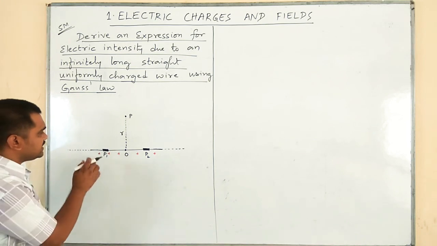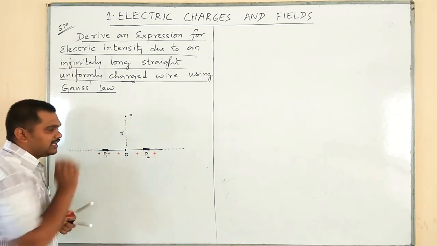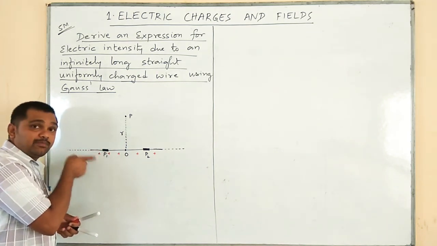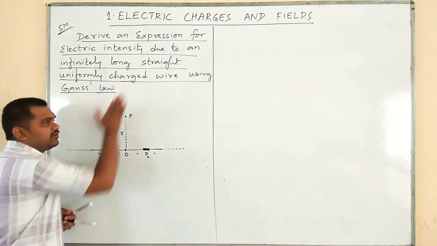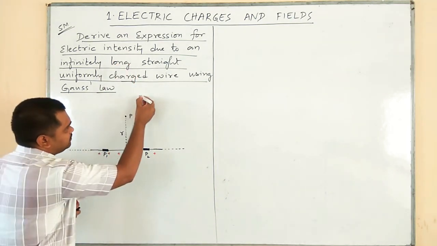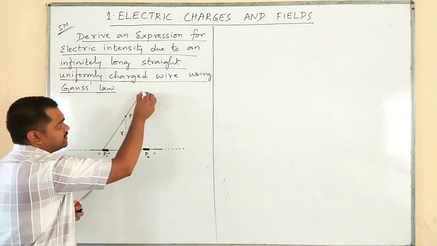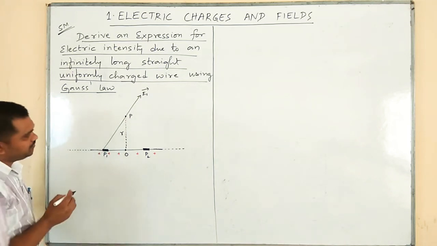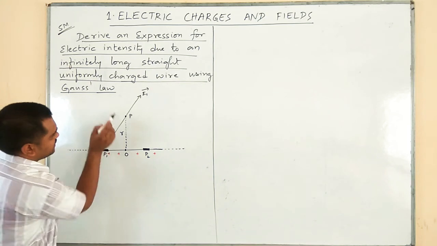Okay, now, since this line element is having a positive charge, here at point capital P, is the direction of electric field due to this P1 outwards or inwards? Since it is positive, it is outwards. Like this. I will call this some E1 vector. Next, P2 also has positive charge.